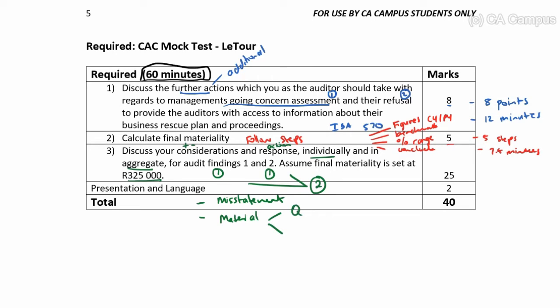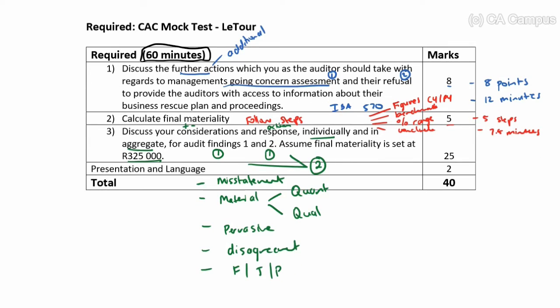I've got quantitative and I've got qualitative. I need to see if it's pervasive, if there's a disagreement with management. I need to see, is it factual, judgmental, or projected? And if there is, I need to request adjustment.